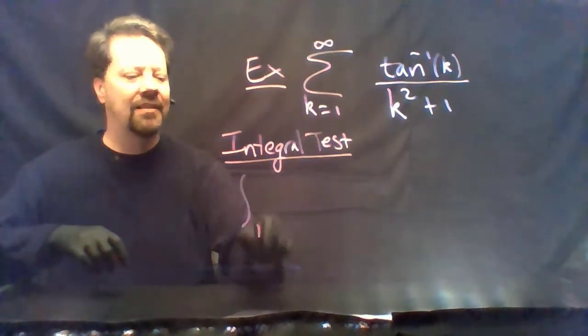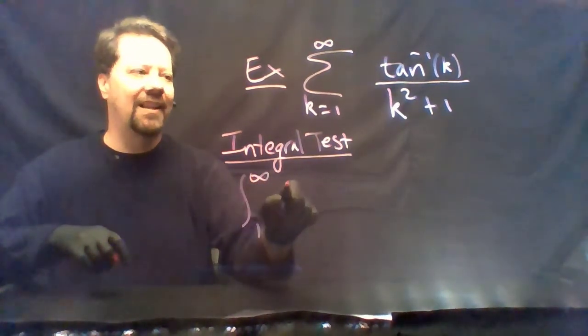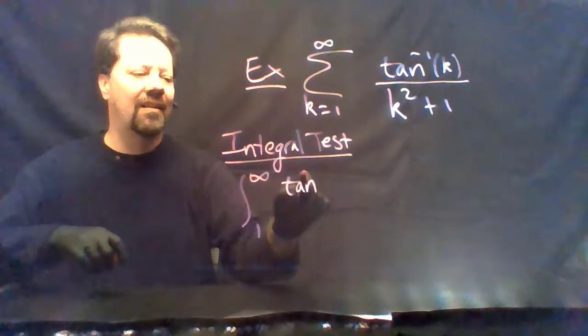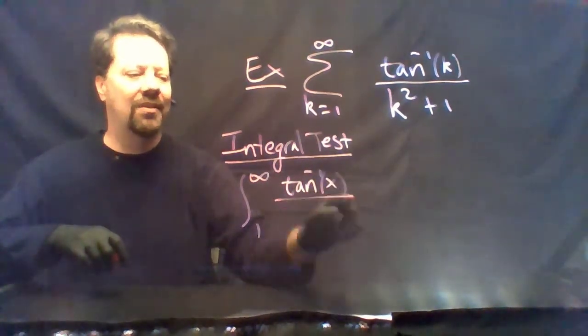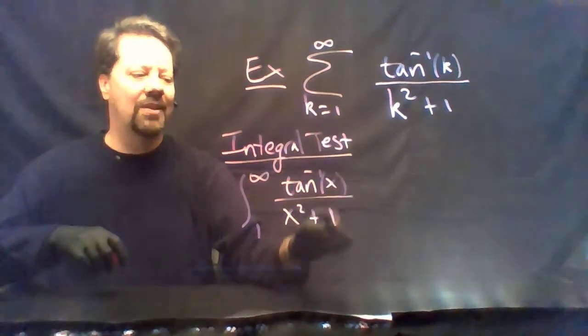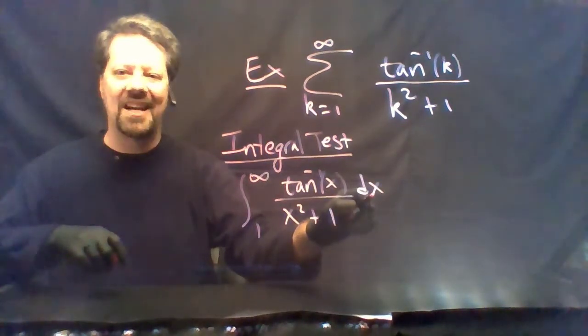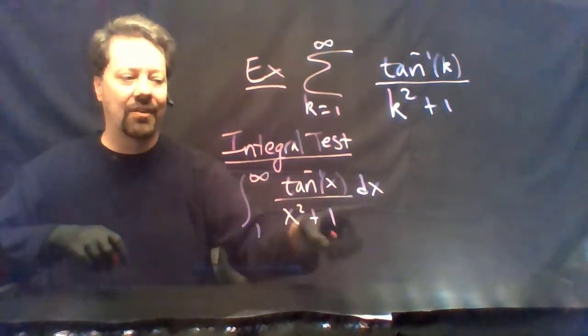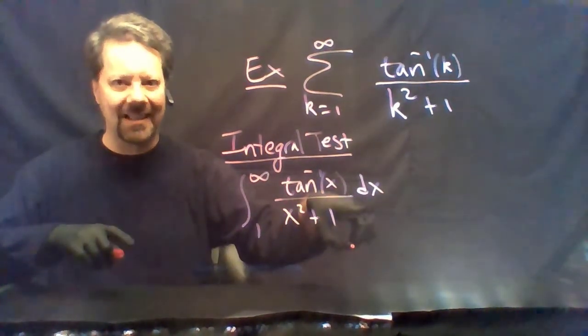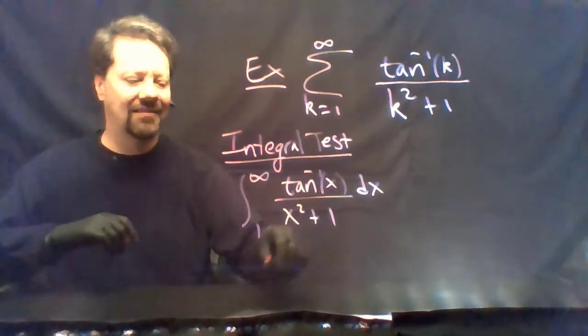We'll integrate from 1 to infinity arctan of x over x squared plus 1 dx. Don't get cheap with me and leave off your dx's. They're important.